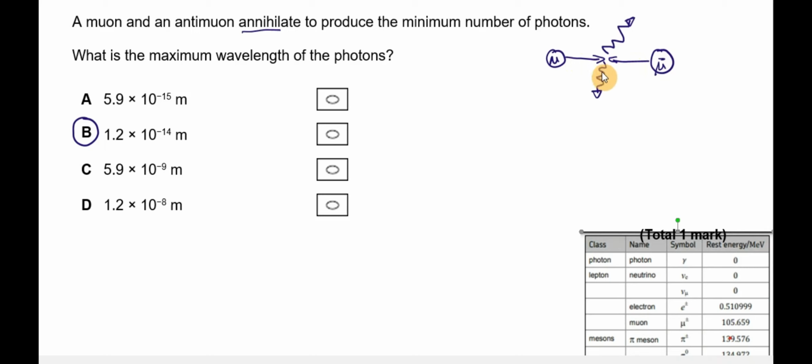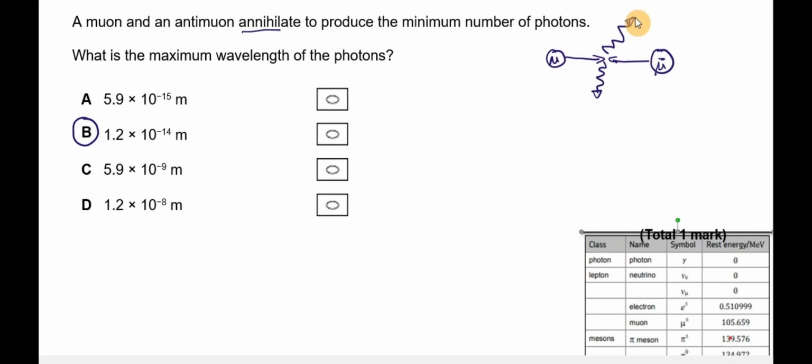And believe it or not, photons have momentum as well. I know they don't have mass, but they have momentum, all due to Einstein's theory of relativity. So if we only had one photon, then obviously there would be overall momentum. We need 2 photons moving in opposite directions to give overall 0 momentum.